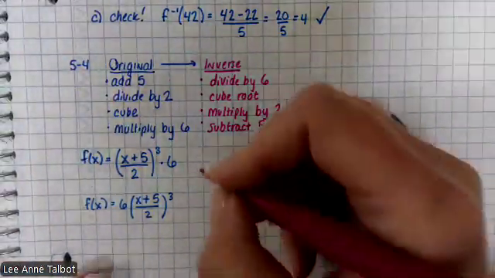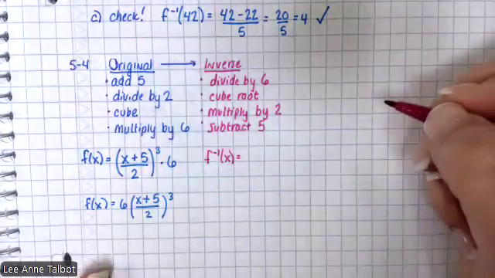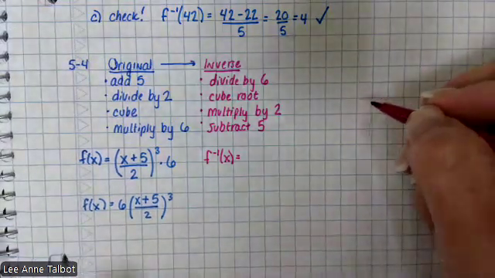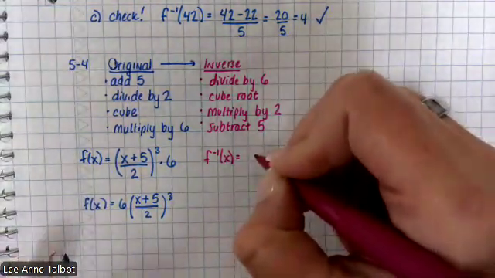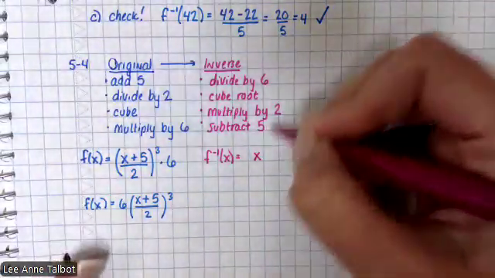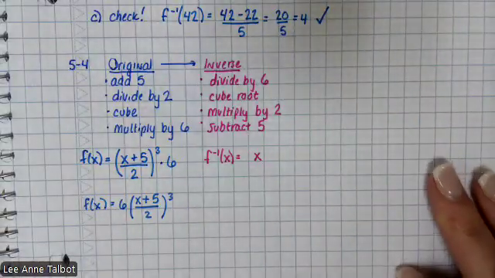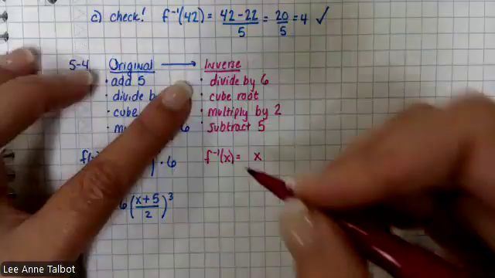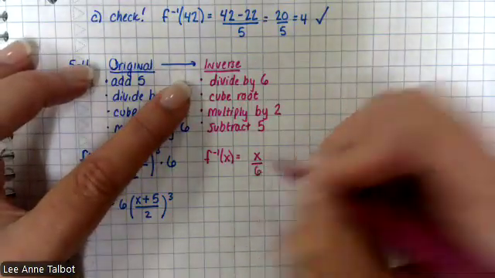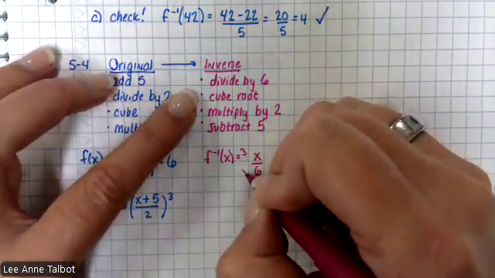Okay. F inverse of x equals. Okay, start with an x. And I'm going to move the x a little bit over because I could sort of see what's coming. You'll get better at that as time goes on. Okay, divide by 6. Cube root everything.